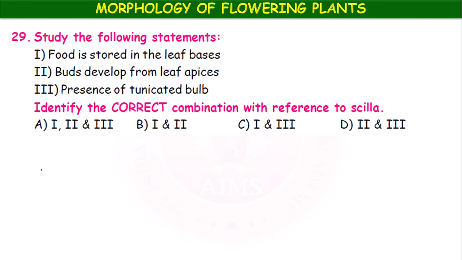The food of Scilla plant is stored in the leaf bases, yes. Buds develop from the leaf apices, this is wrong. Presence of tunicated bulb, okay. So here options 1 and 3 are correct. So option C.